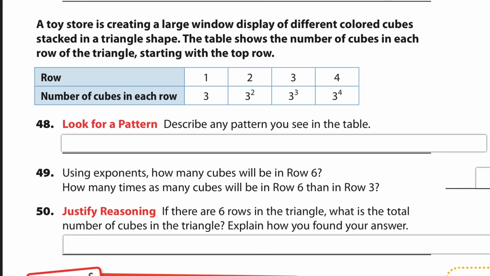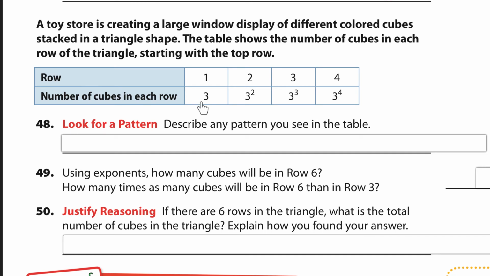All right. A toy store is creating a large window display of different colored cubes stacked in a triangle shape. The table shows the number of cubes in each row of the triangle, starting with the top row. Row 1, 2, 3.